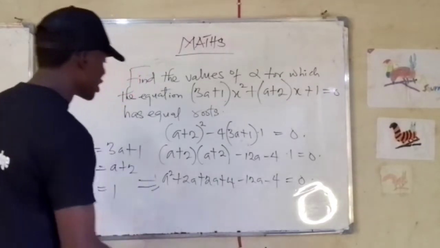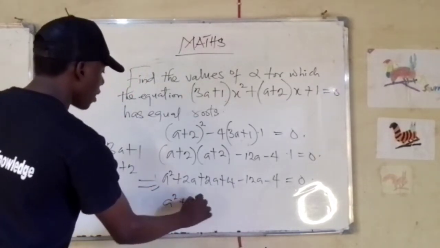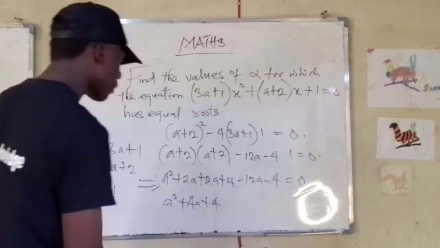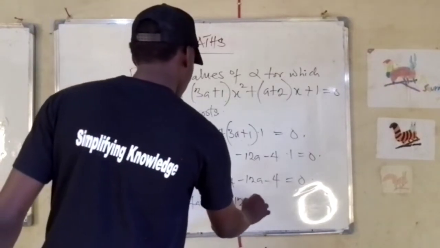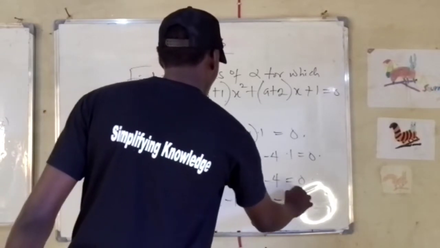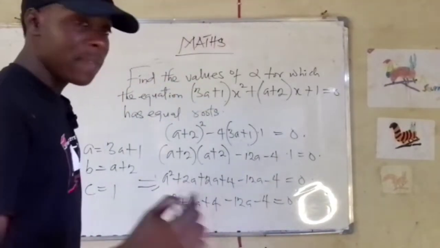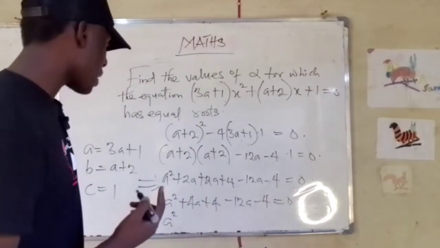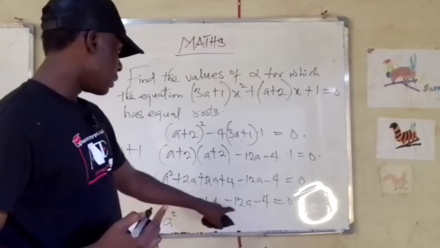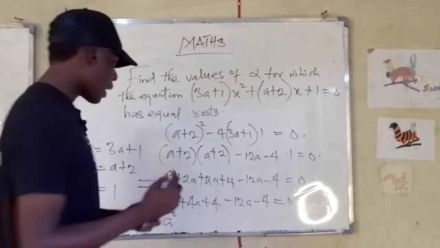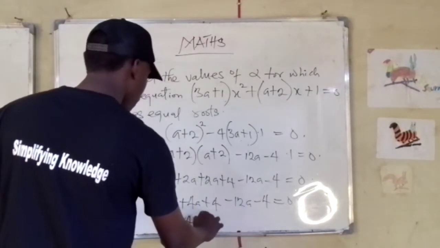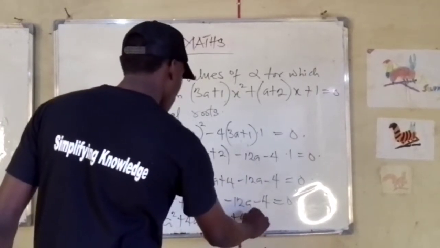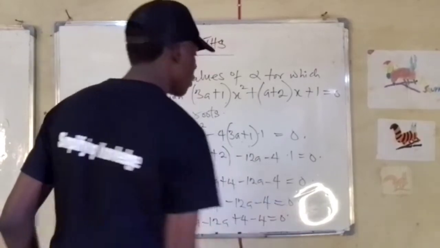By further simplification, I have a squared plus 2a plus 2a is 4a, plus 4, minus 12a minus 4 equals 0. Now I'll collect like terms because I have 4a and minus 12a, so I'll bring them together. So this is plus 4a minus 12a, then I have 4 and 4 here, so this is plus 4 minus 4, all equal to 0.